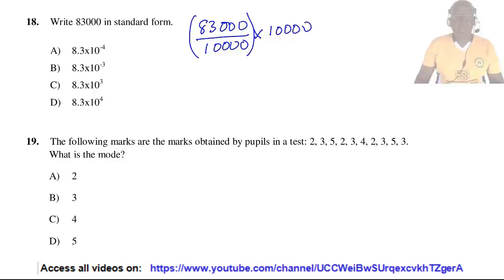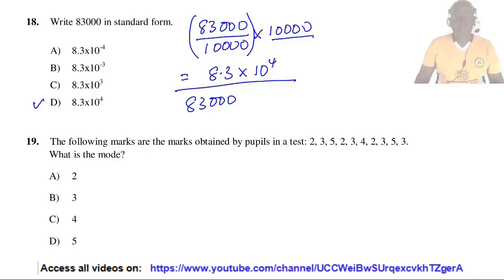So this equals 8.3 times 1 with 4 zeros, which is 10 to the power 4, which equals D. In short, to convert 83,000 into standard form, we shift the decimal point 4 places to the left to get 8.3, and therefore multiply by 10 to the power 4.